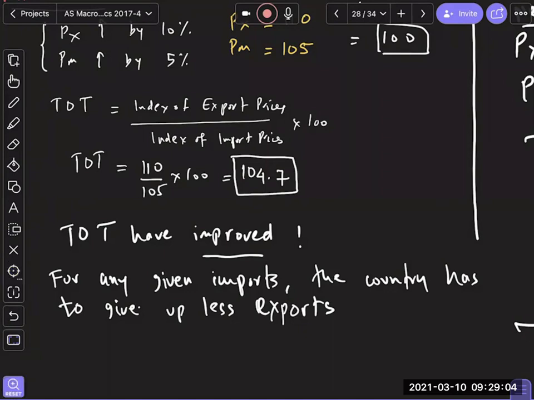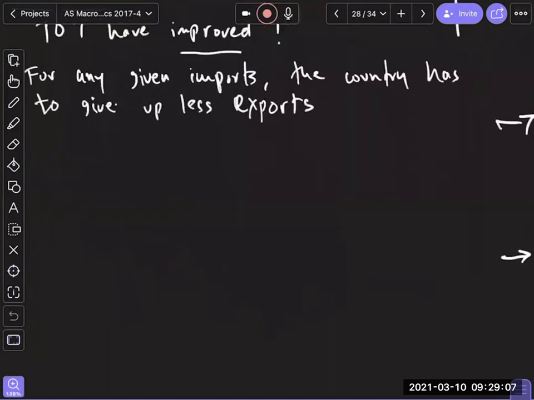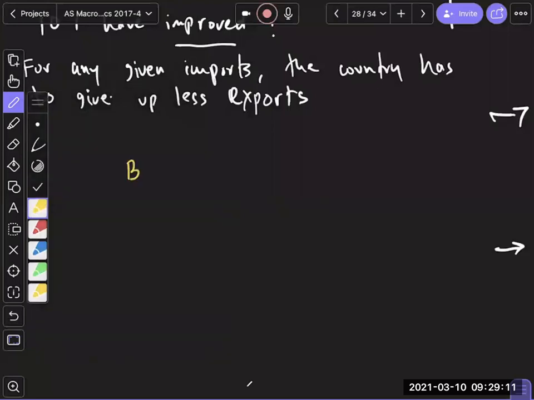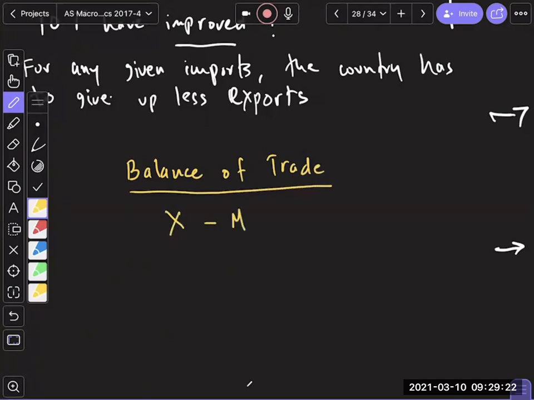And by the way, terms of trade is different from balance of trade. I want you guys to write this. Balance of trade is basically exports minus imports, export revenue minus import revenue. Export revenue is PX times QX, minus PM times QM.